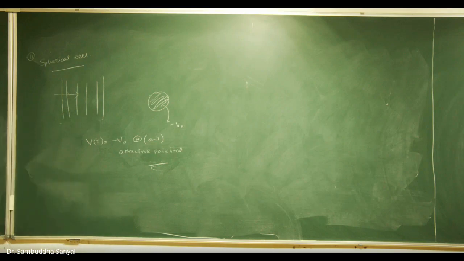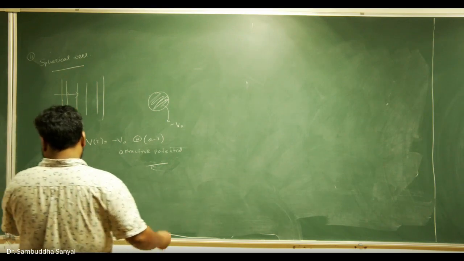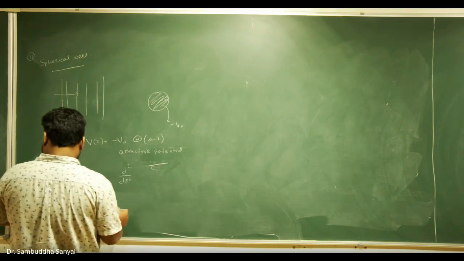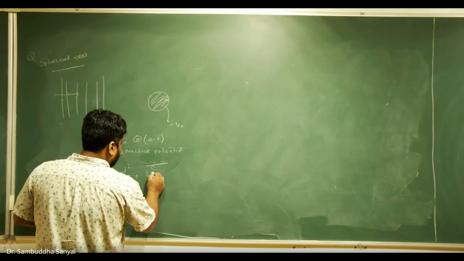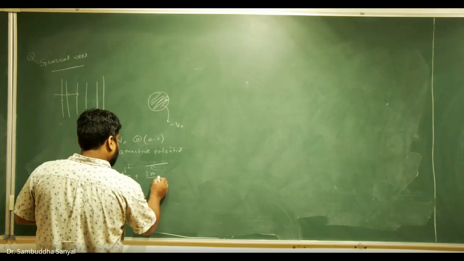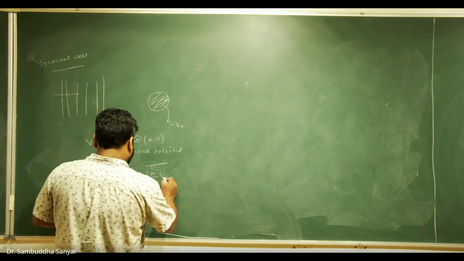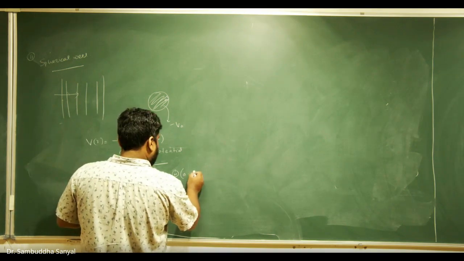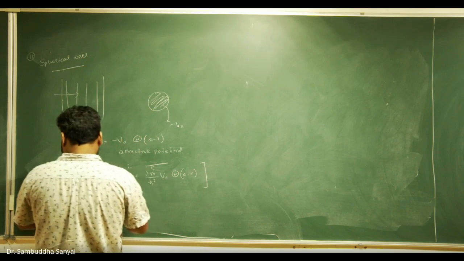So look at the prescription. The prescription is to solve this equation. Now it's becoming an algorithmic job. 2m by h bar squared V naught theta, and you have solved this kind of problem probably millions of times.